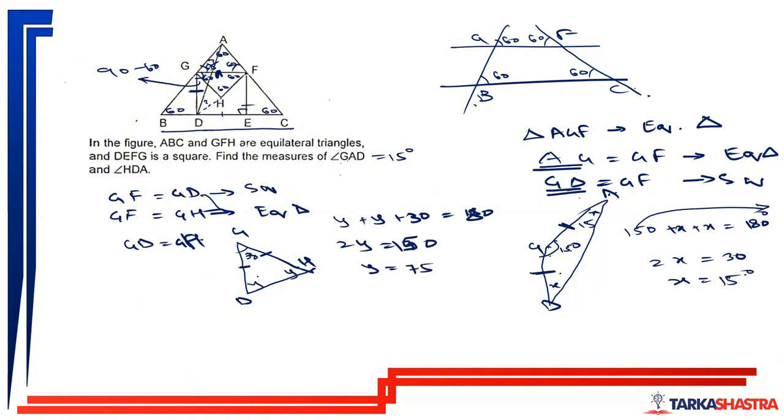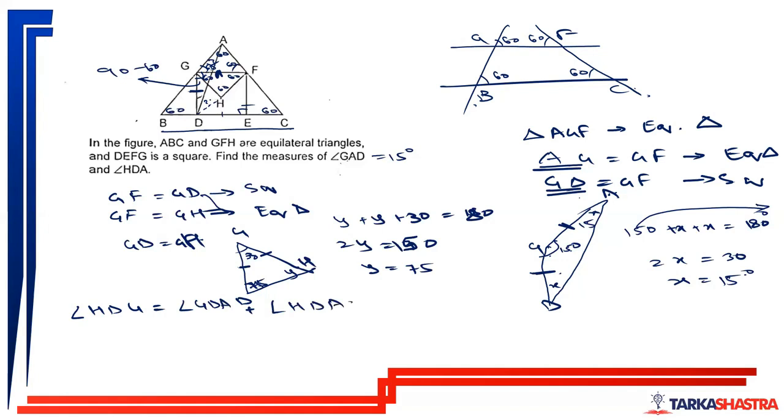So angle HDG is 75 degrees. But angle HDG is equal to angle GDA plus angle HDA. Yes or no?